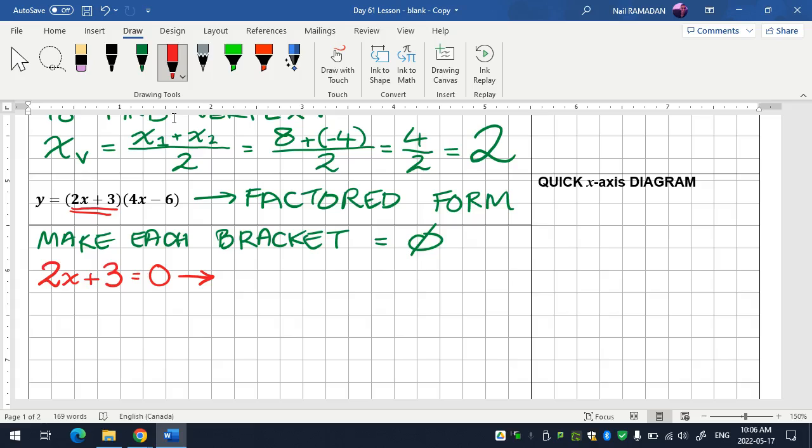Can someone tell me how do you solve this? What do you do first? Raise your hand. First, what do you do? Chris. You switch what? Yes, everyone. You move the 3 to the other side, making it what?